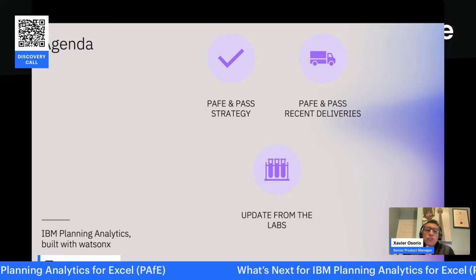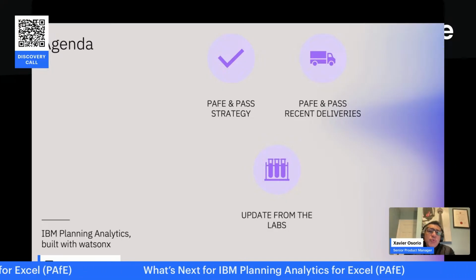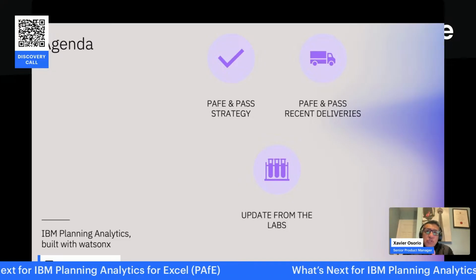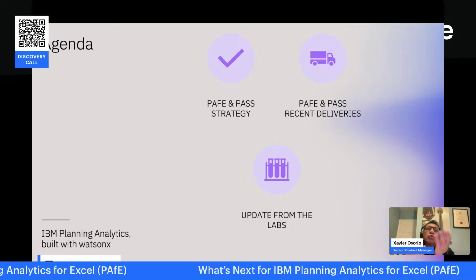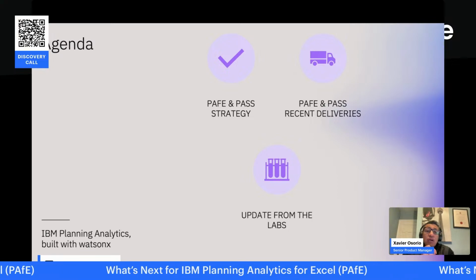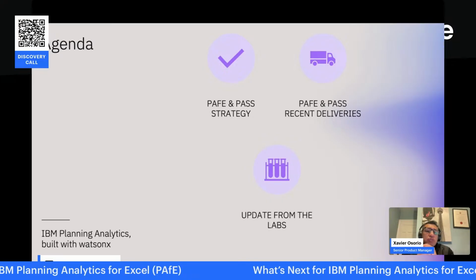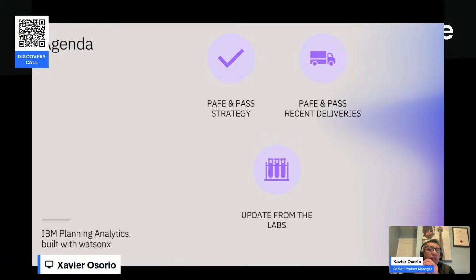The agenda is, first of all, I'm going to give a brief overview of what we're working on. What is our strategy? So that you have a macro level understanding of what we're doing. Then we're going to focus on the planning analytics for Excel and spreadsheet services recent deliveries. This year, the development team has been extremely busy putting out new features.